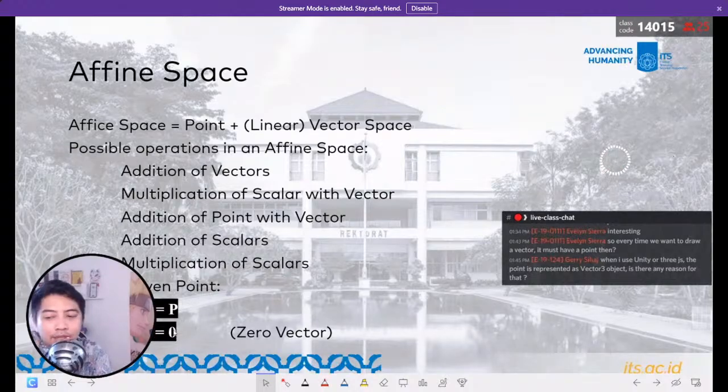Jadi titik itu ketika dikalikan dengan 0, if we multiply some point with 0, it can no longer be a point. We can treat it as a vector when it is 0. Nah ini sifat yang kita manfaatkan untuk homogeneous coordinate. Nanti kita akan bawa ke sini.